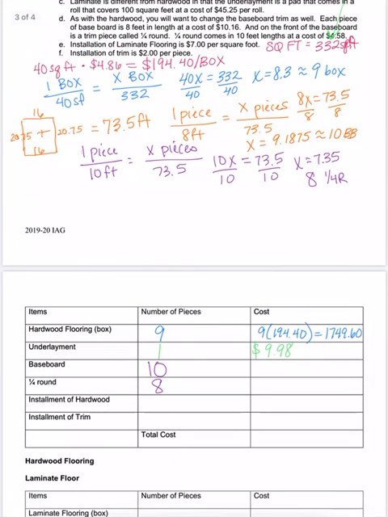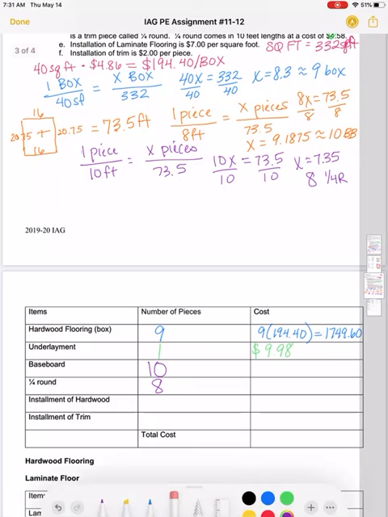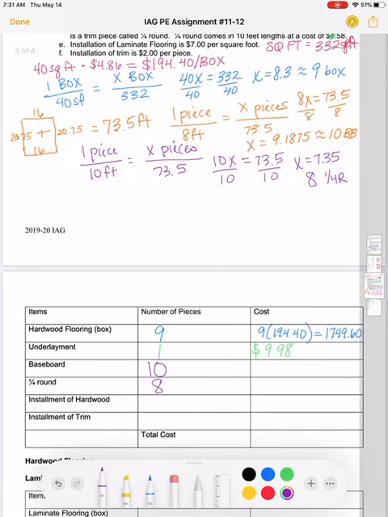So I'm going to take 10 times 10.16. And again, the nice thing about multiplying by 10 is you just need to move your decimals. So this is going to cost me $101.60.